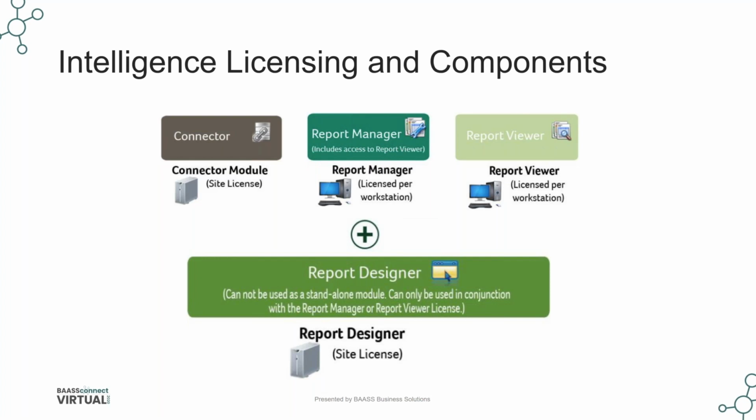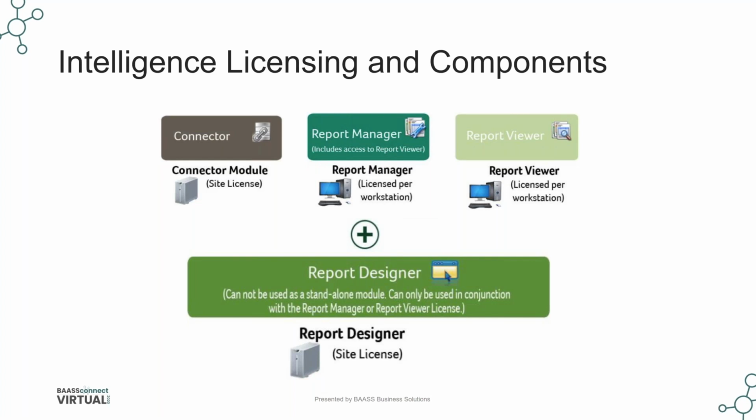Sage Intelligence licensing works in this manner: per Sage 300 user per workstation. So if Charis goes on her workstation and logs in, she would take up one license. And then if she goes to Joe's workstation and tries to log in, the system will say, sorry, Charis, you are already linked to your workstation.